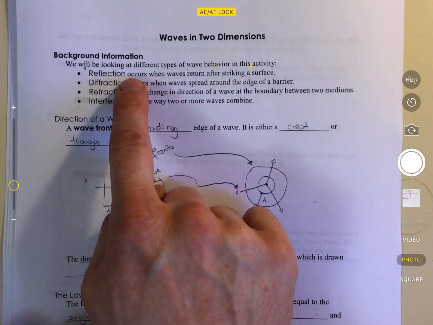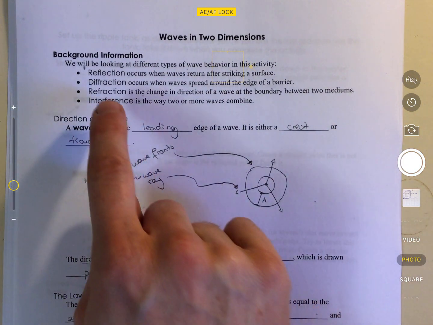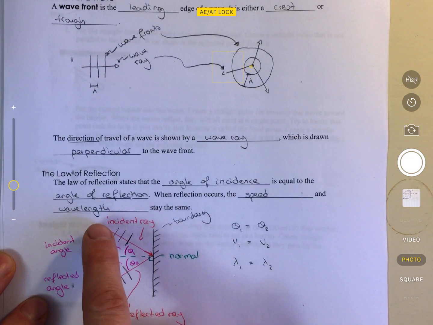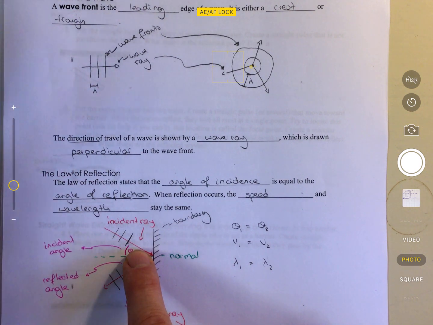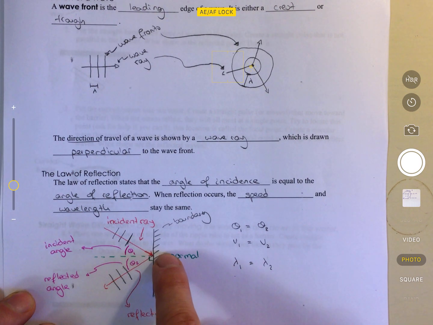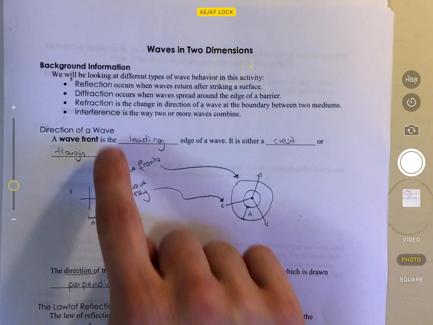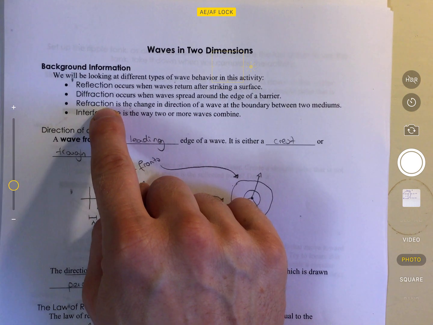Okay, that's a reflection, which happens when you hit a boundary and the wave comes back from it. Refraction is when part of the wave, instead of coming back, goes into the next medium and bends. That's a refraction, and we'll look at that more closely later on.